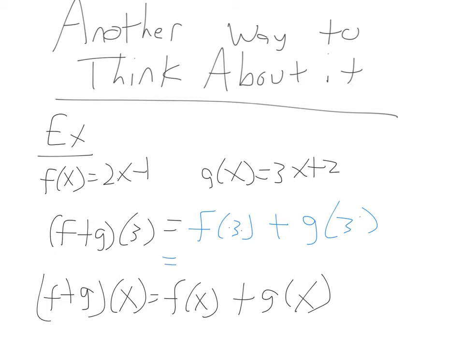So in this case, if you plug in 3 into f, you have 2 times 3, which is 6, minus 1, which is 5, plus g of 3. 3 times x, which would be 3 times 3 is 9, plus 2 is 11. So f plus g of 3 in this instance would be 16. Now I showed you that pretty simple example to illustrate this a little bit more complex example.